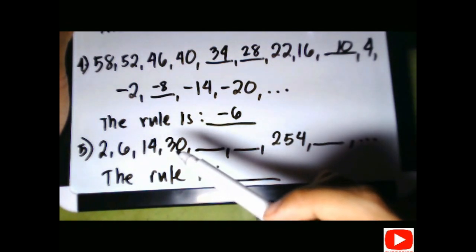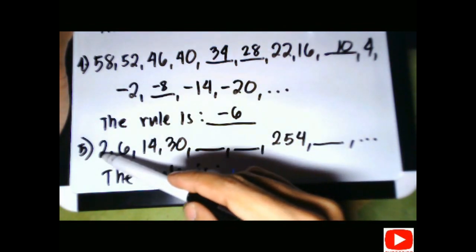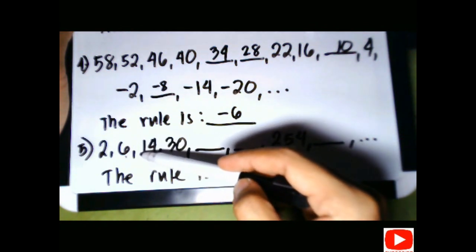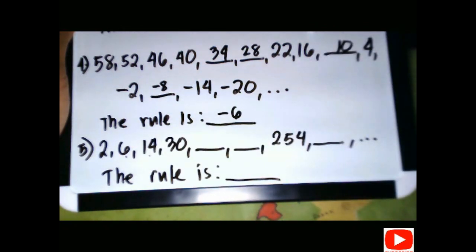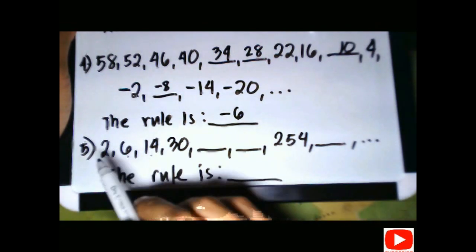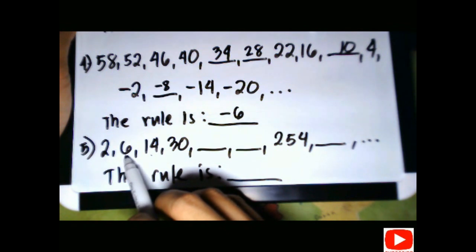Let's try to find another pattern. Let's say multiplication. When we multiply 2 by 3, that becomes 6. 6 times 3, that's 18. It's not 14. So maybe in this sequence, there are two operations. So maybe let's try to add 1 and multiply it by 2. 2 plus 1, that's 3, times 2, that's 6.